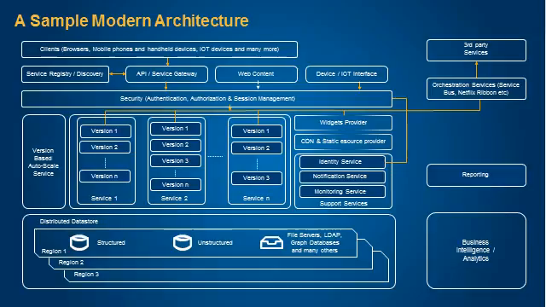Thanks, Prakash. So what we have in front of us is a sample modern architecture, as we would want to call it. As a disclaimer, this is not the only way to do it. Of course, there could be other ways to do it. There definitely are other ways to do it. But what we've proposed here is done in consideration of everything that we've talked about for the past half an hour.